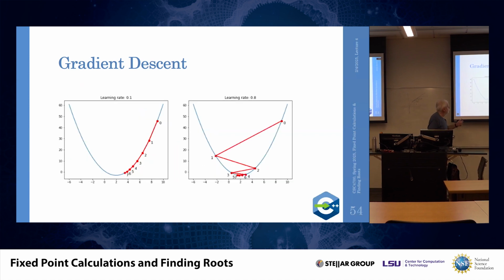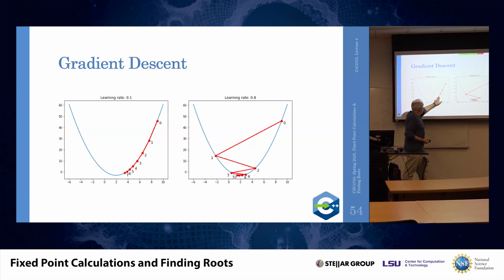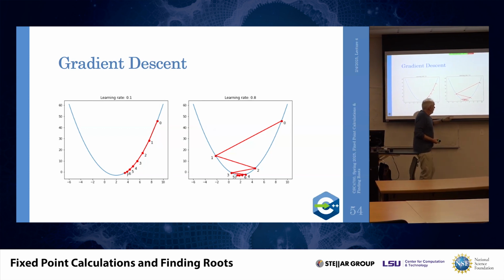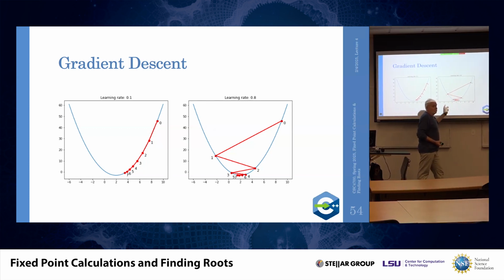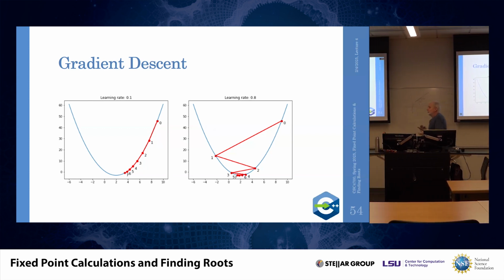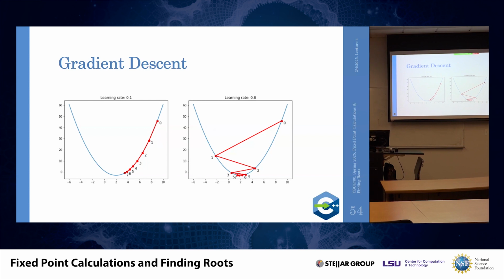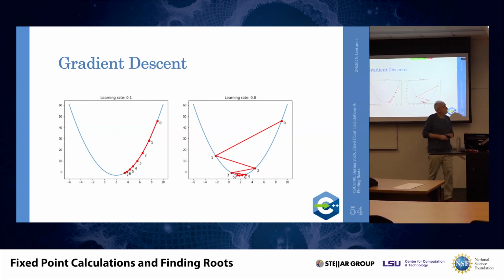So just to show you how that looks, if we start at 0.0 with a very small learning rate, then you see that it's slowly going down until it hits the minimum. But if we use a very large learning rate, then it might jump around and it might not even be able to find your solution. So the learning rate is absolutely crucial, and it has to be selected very wisely. Otherwise, things will not work well.